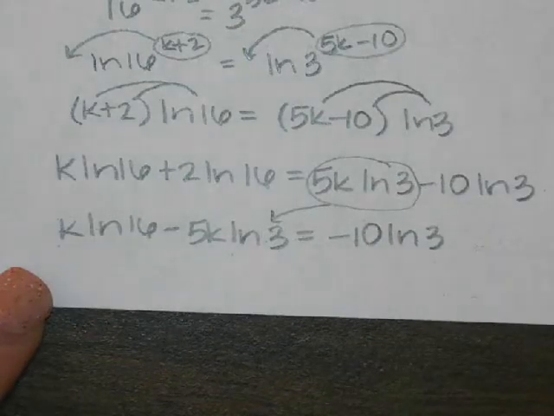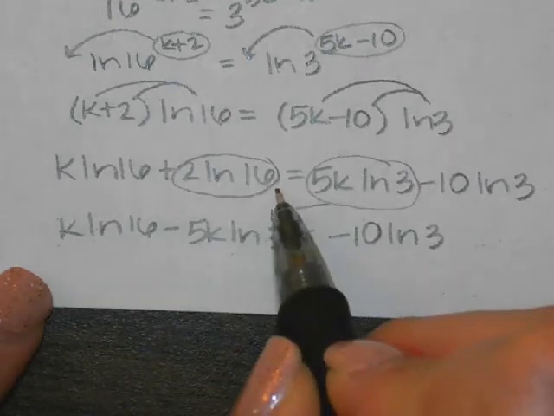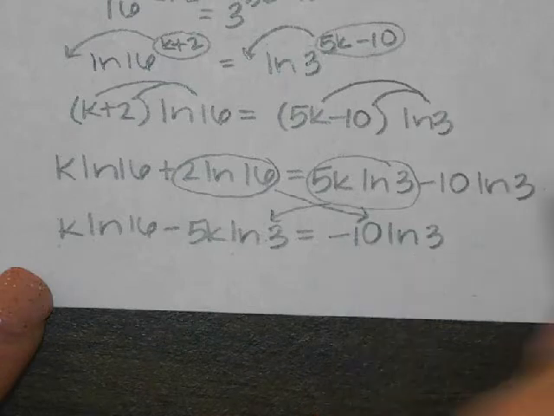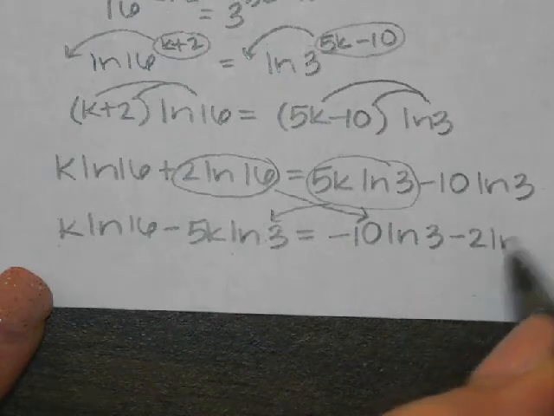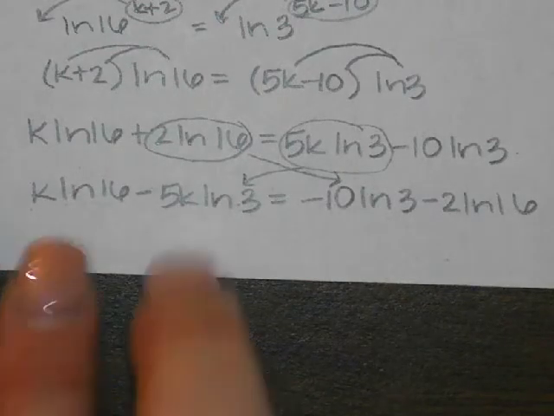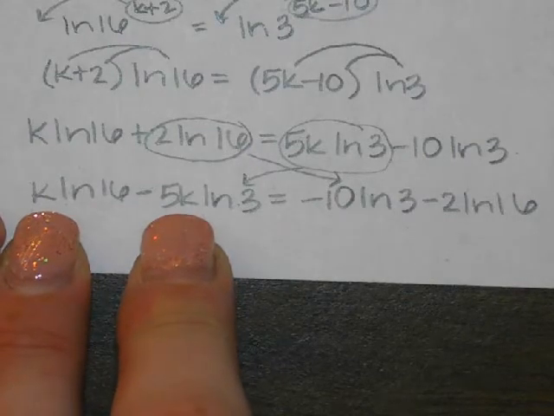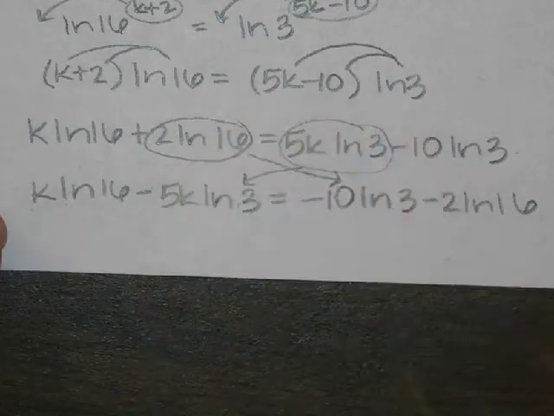And then what else do I want to do? Yeah, take the 2 ln 16 and subtract it over. Then, what do I do with the k's on the left side? Take it out.